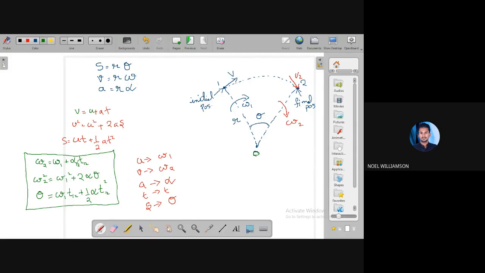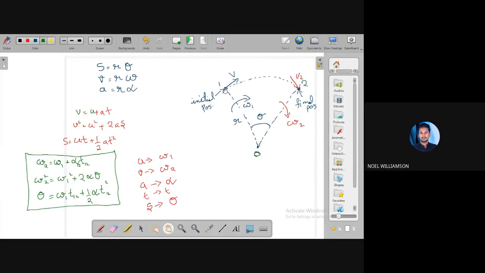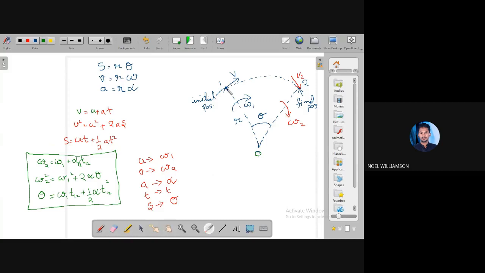Okay, so this was the initial point. So initial point 1, after the curvilinear motion, it took a curve and reaches the point 2. So the angle swept by the motion is the angular displacement theta.